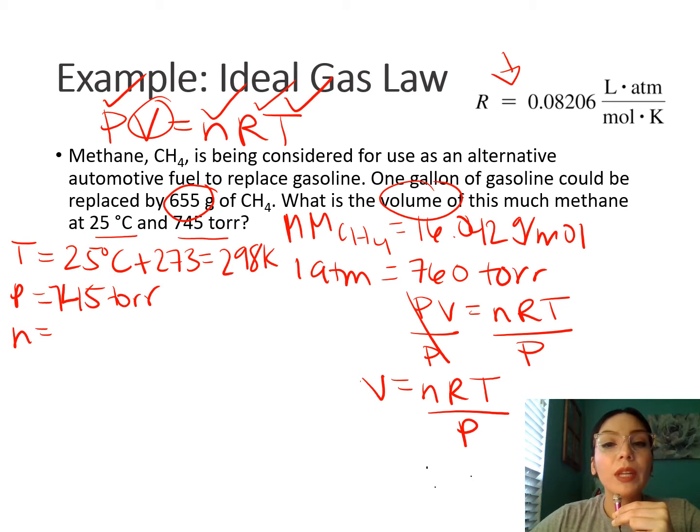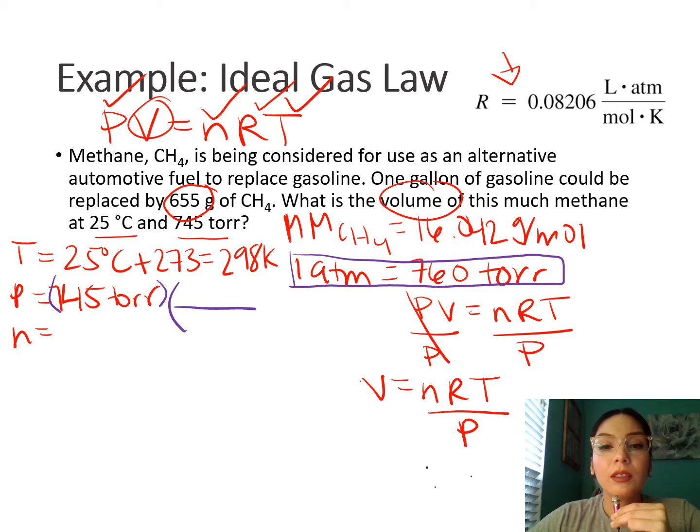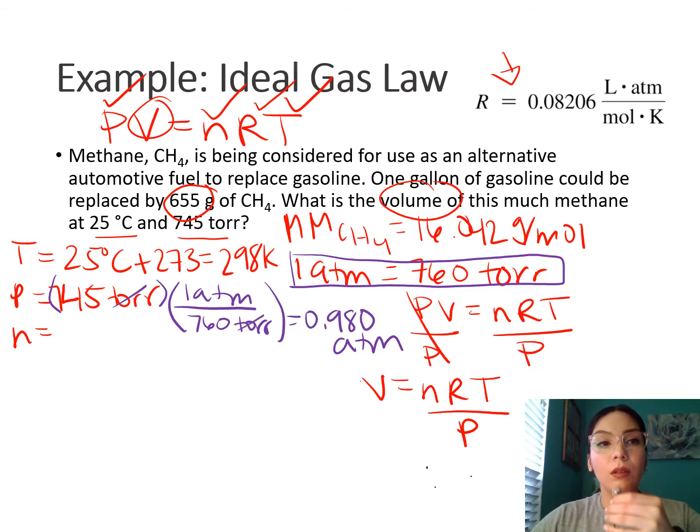As far as torr, we need to convert this using this conversion factor right here. 760 torr gives us 1 ATM. So torr cancels out, and here I end up getting 0.980 ATM.